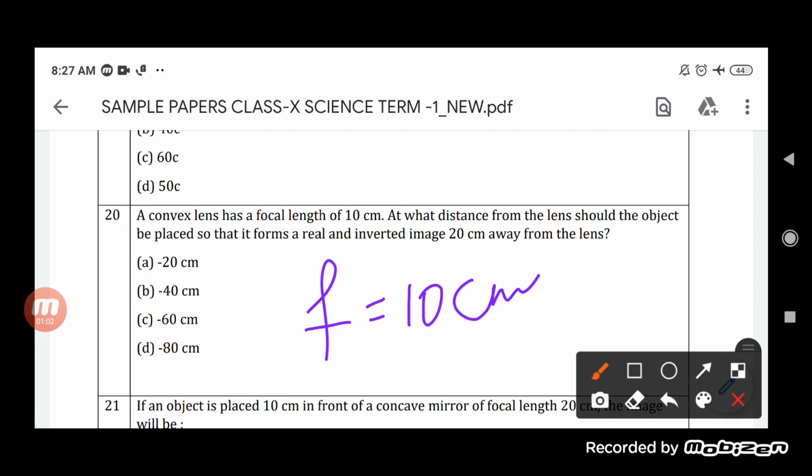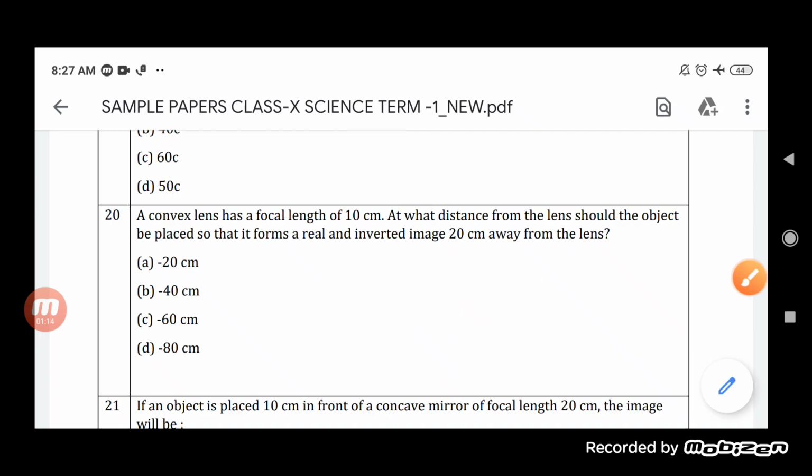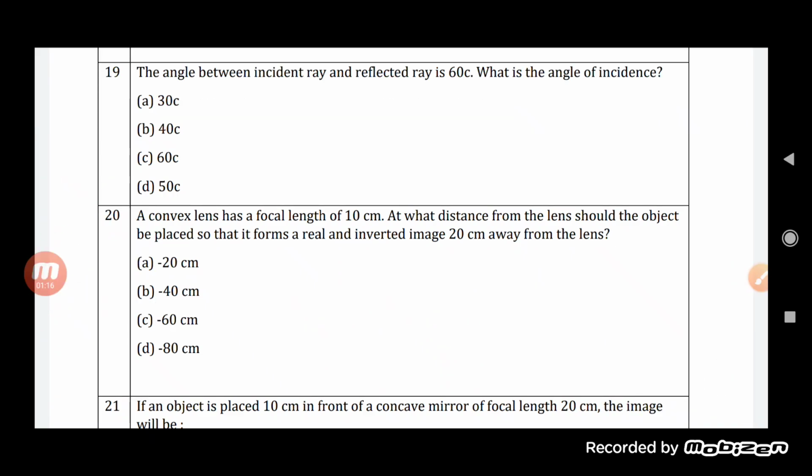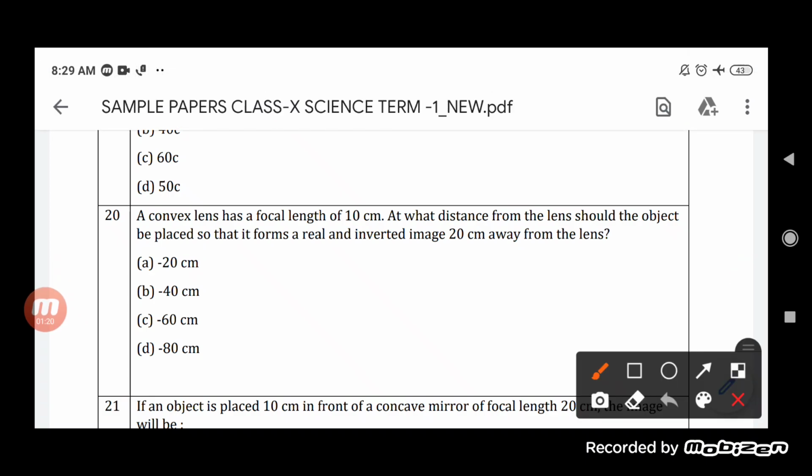So the question is at what distance from the lens should the object be placed? So we have to find the object distance here, and the image which will be formed will be 20 centimeter away. As you can see, focal length is given, and V is also given, which is a real and inverted image, so it will be minus 20.